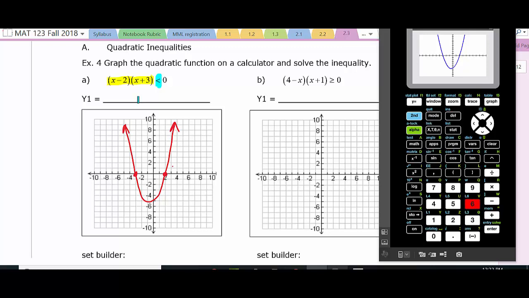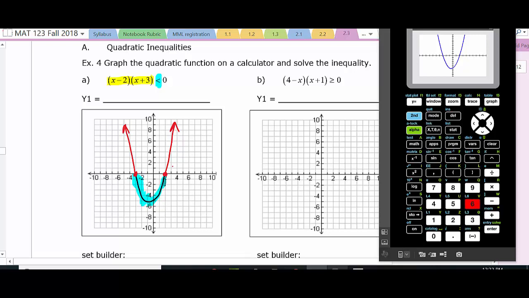They're negative, right? So when you solve this problem with a graphing calculator, you're looking for where it's below the x-axis, and you say the answer in x's. So between negative 3 and 2, that's when that function becomes less than 0. If it was greater than, you would be looking where the graph has positive y values, so where it's above.